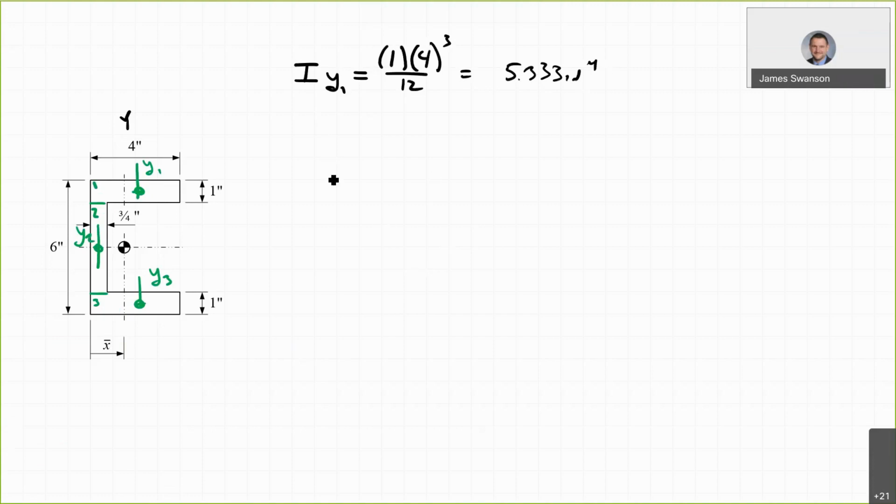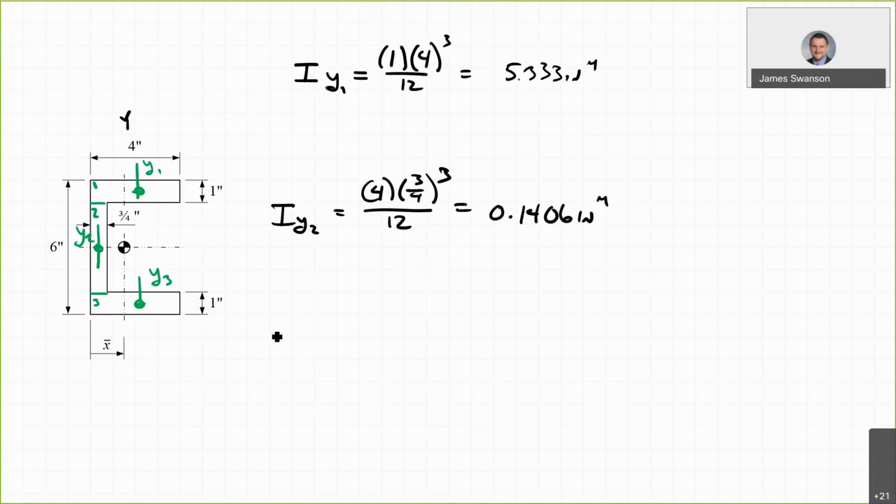Then I can calculate here. That should give me enough room. I sub y2. This is equal to the base. The base now is equal to 4 inches. The height is now 3/4 cubed divided by 12. So let's see, 0.75 cubed, 12 divided by 4 times gives me a small number, 0.1406 inches fourth.